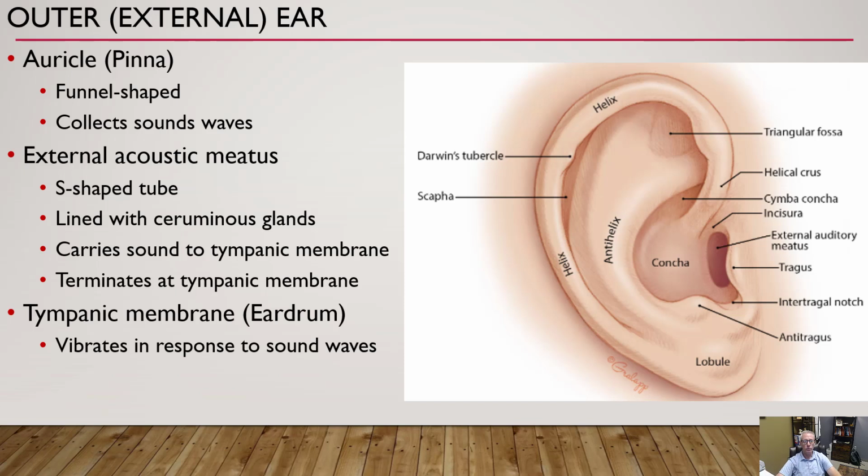It's lined with ceruminous glands, and that produces your earwax. And it carries the sound to your tympanic membrane, which is your eardrum. And your eardrum is going to vibrate in response to those sound waves. And then once we get to the eardrum, that's going to be the end of the outer ear.